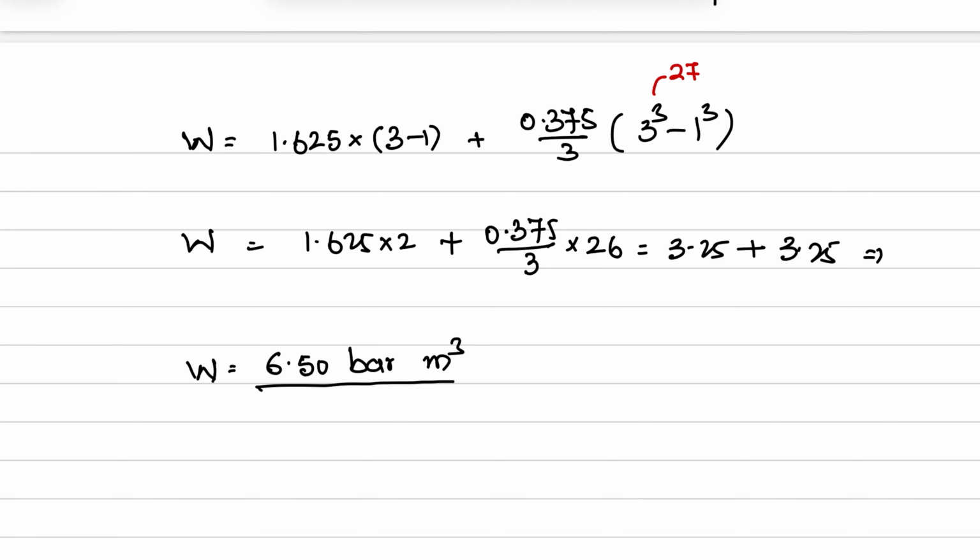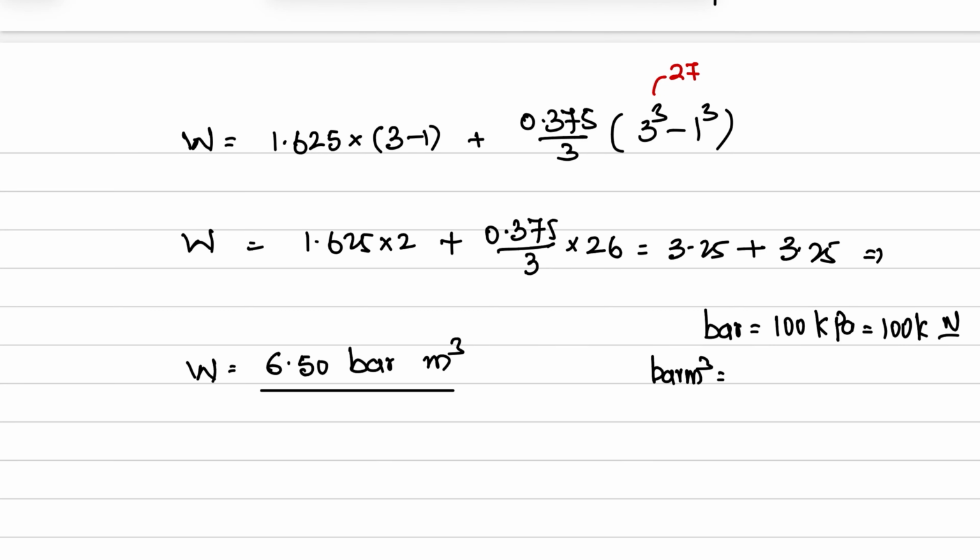Because we kept the pressure in bar only. What is bar? Bar is equal to 100 kPa. Bar cubic meter is equal to 100 kilonewton per meter square into meter cube. Pascal is Newton per meter square. That is equal to 100 kilojoules.